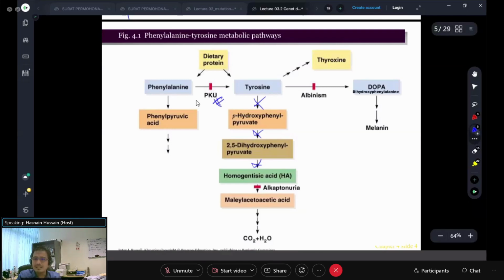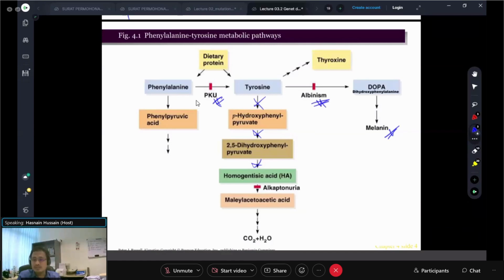But in some other individuals, phenylalanine to tyrosine can be converted normally, but in some other individuals there is an inability to convert tyrosine into dihydroxyphenylalanine, then that individual cannot use this to produce melanin pigment, then that individual suffers from albinism.